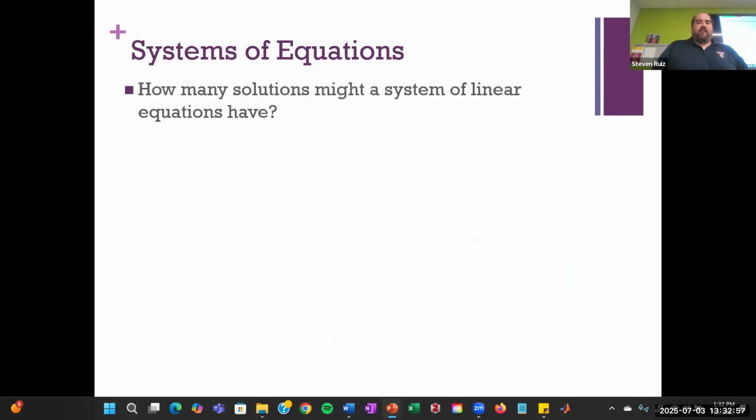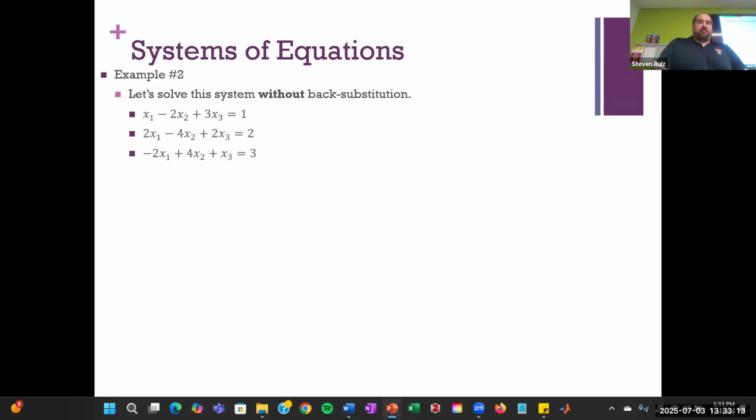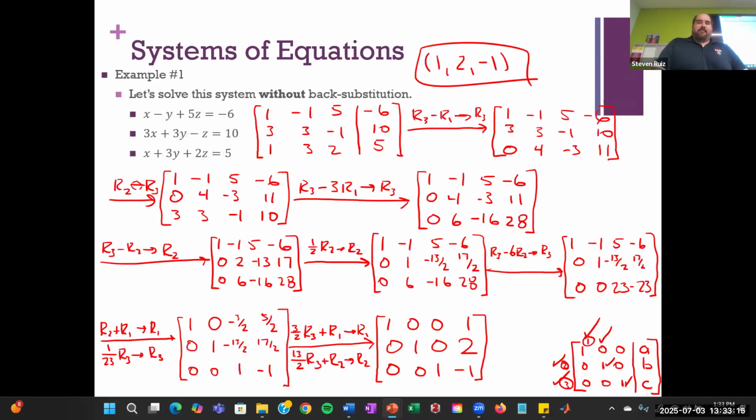So let me ask you a question. If I have a system of a bunch of linear equations, how many solutions could it have? We've seen some possibilities. We just looked at one system of equations. How many solutions did this have? It's really not 3 solutions.